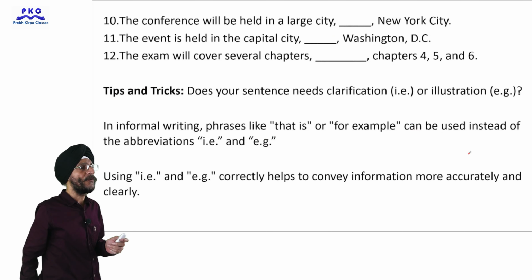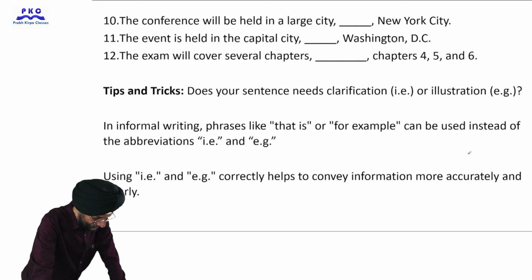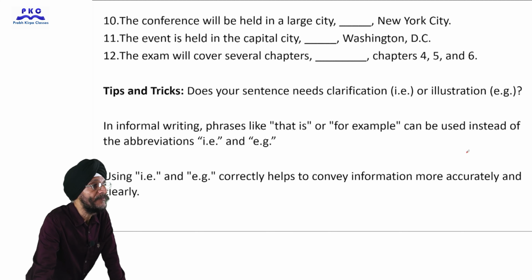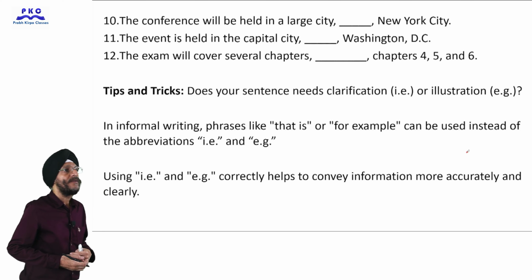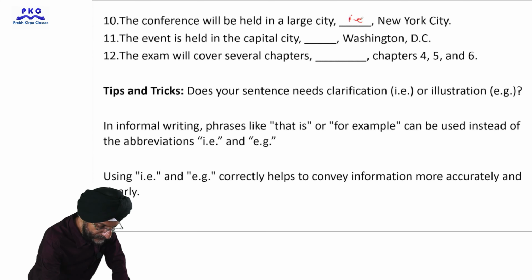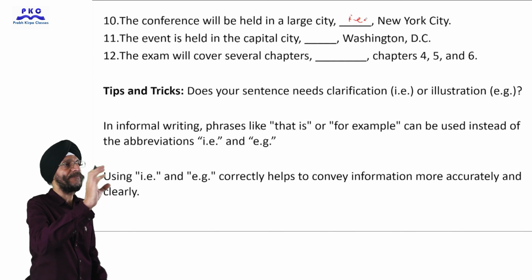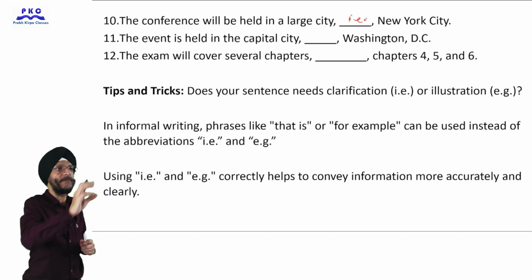Next, the conference will be held in a large city. So here, what we want to say, whether we will use i.e. or e.g.? Here we will use i.e., that is, we are clarifying in which city the conference will be held.